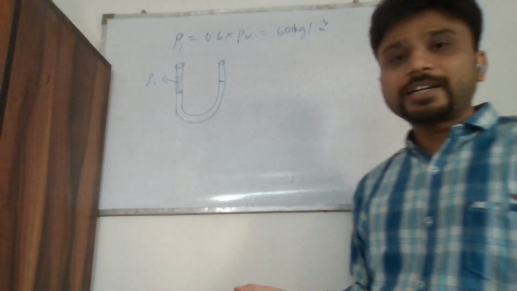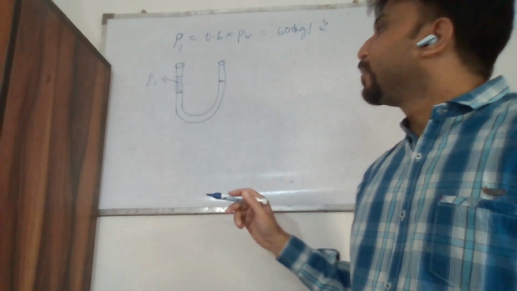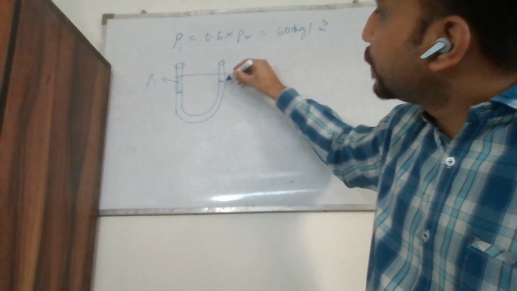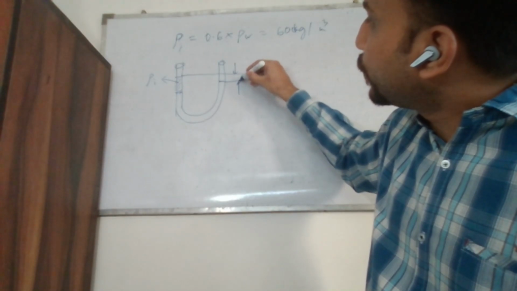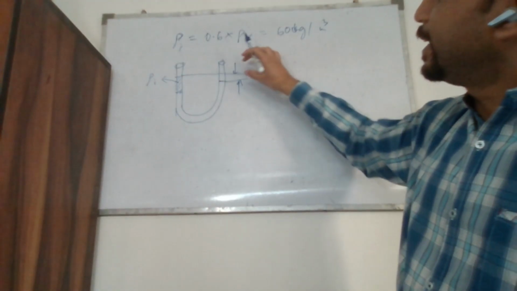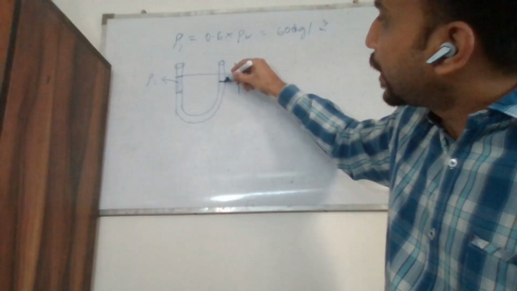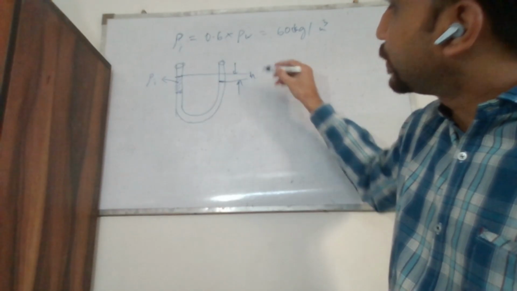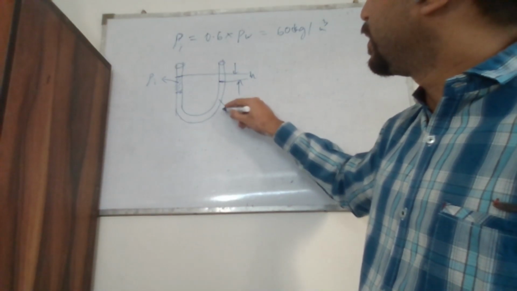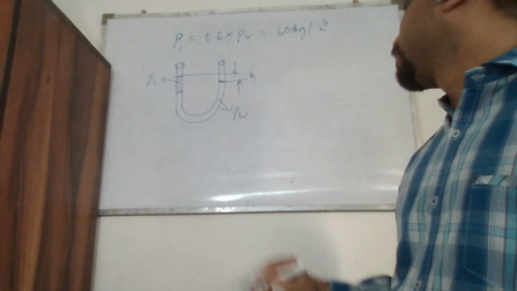So considering our assumption that ink and water do not mix, we have created a situation where the height of one of the fluids is actually slightly more than that of water. So this particular height, that is the height of the ink fluid above that of water, is represented by some small h. Okay, we know that the other fluid is water, which is filling this whole U-tube. So this is rho water.